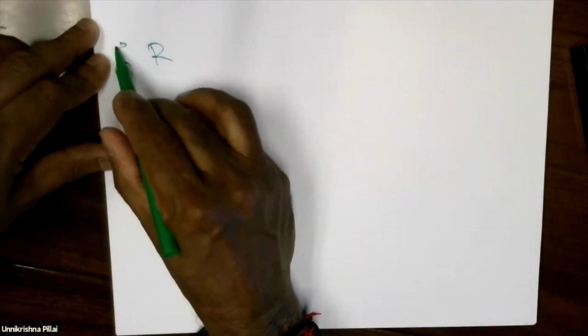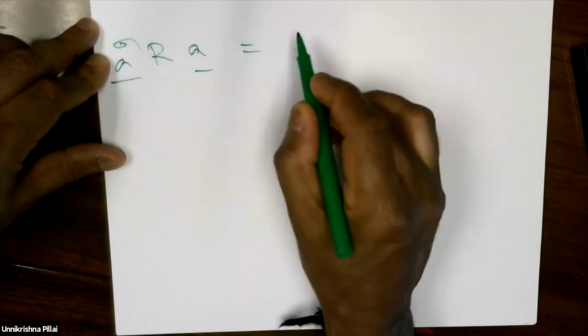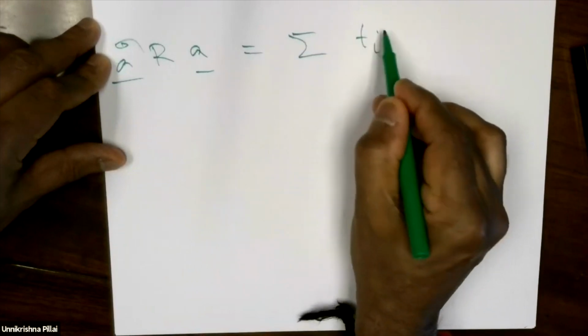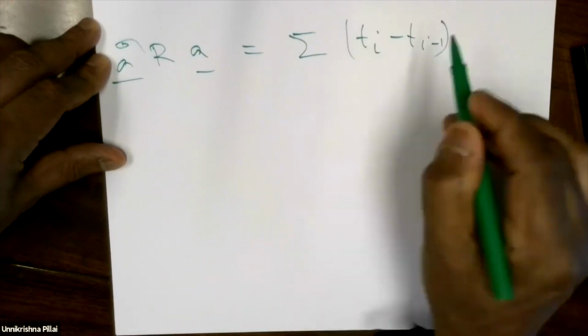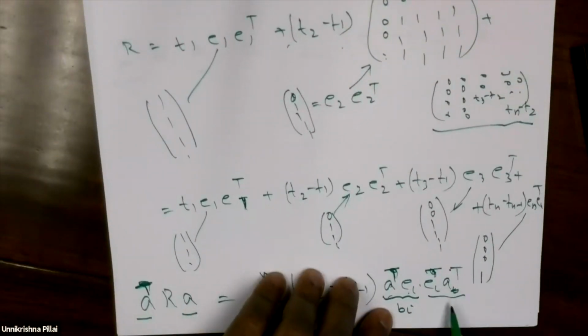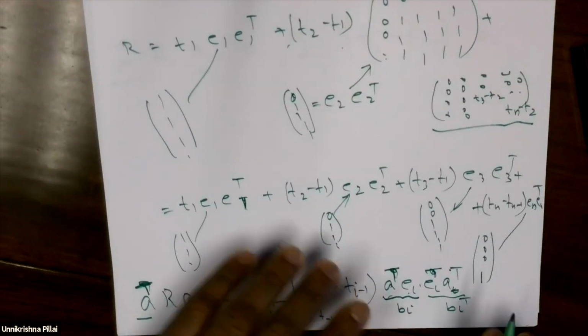Let me call a transpose e_i some new vector, let's say b_i. Then in the next page, I have shown that a transpose R a is the summation of Ti minus 1 multiplied by b_i b_i transpose.